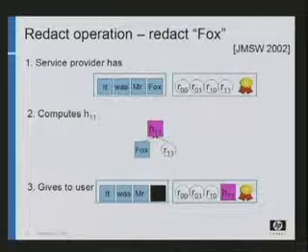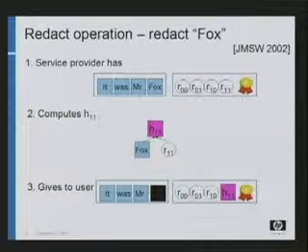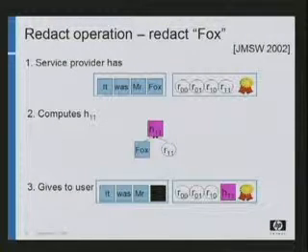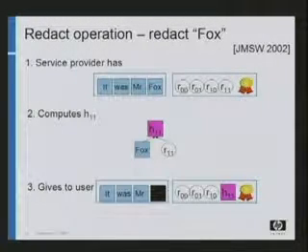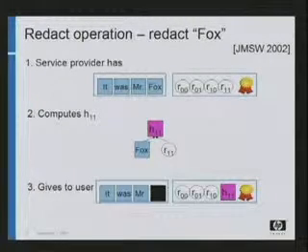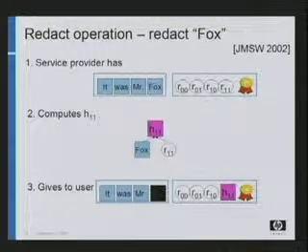H11 is computed because when the user later has to reconstruct the Merkle hash tree, without knowing fox, the user can still use H11 to reconstruct the tree and the root hash. So the redacted document, with the redaction represented by a black square, is given along with the random values. Notice that for the non-redacted parts, random values are given to the user. For the redacted part, the random value is omitted. In place of that, the intermediate hash is given to the user.